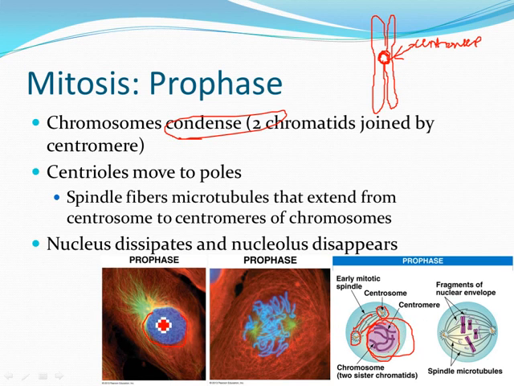Notice, first of all, that the DNA is condensing from this mess here into a little more condensed form over here. The nuclear membrane dissipates, so there's no more nuclear membrane around it. And we also notice here that the centrioles with the centrosomes around it, the microtubules, they're now going on either side of the cell.